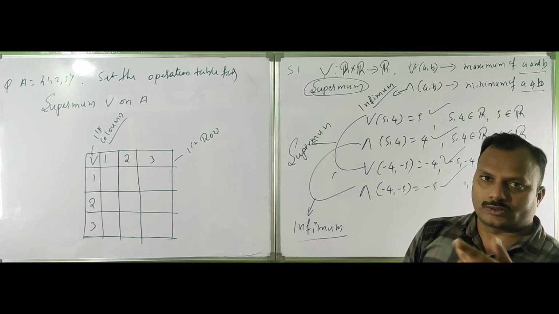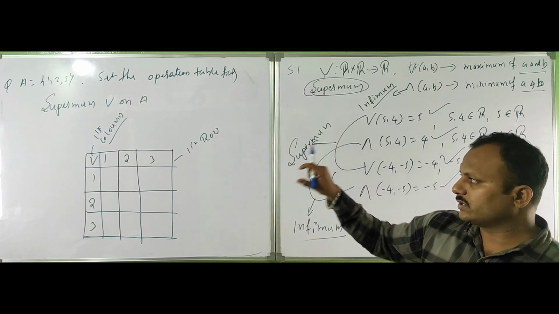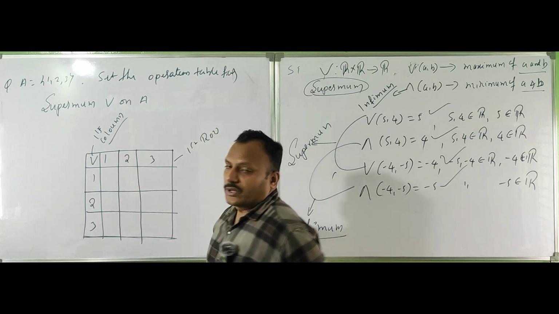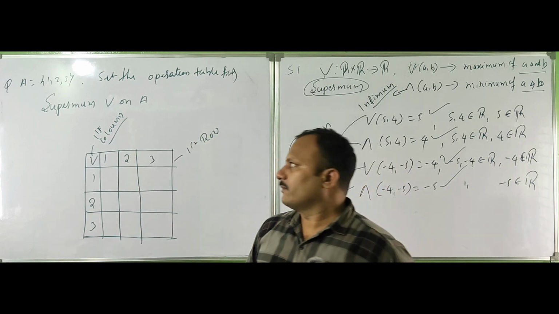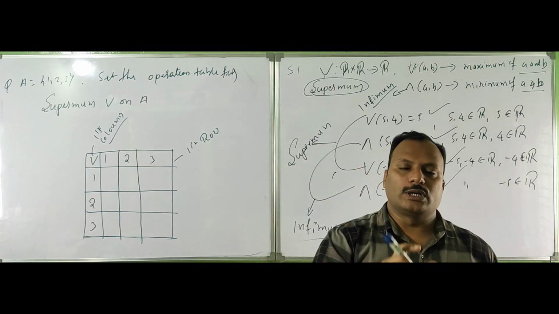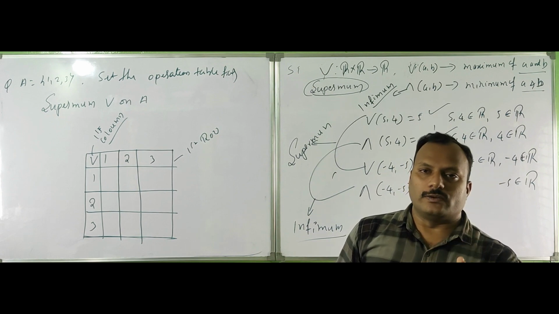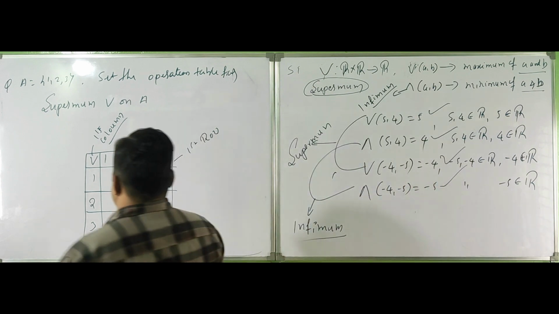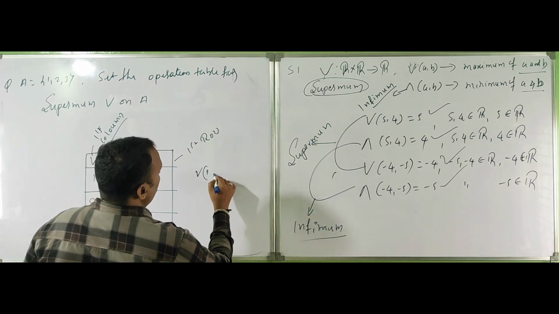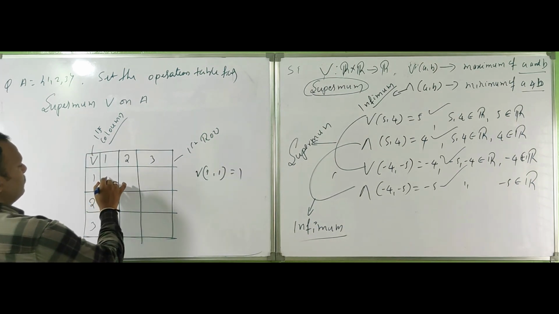So there are two types of entries, one across the row and one along the column, and then the center. How to write this? What is our condition? Supremum means, if we take an ordered pair of two elements, the maximum value is called the supremum. If I take 1 and 1, the supremum of 1 and 1 is 1.